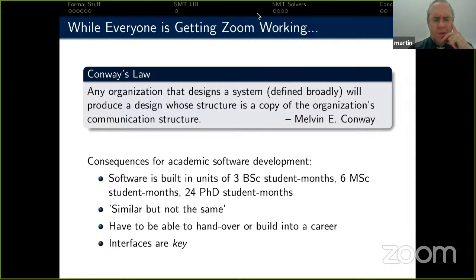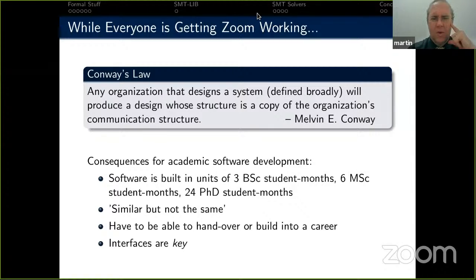Also, academic software that survives for any length of time, you have to be able to hand over to someone else. So it has to have a design that's clear enough, documentation, the social processes to do the handover, or you have to build it into your academic career.